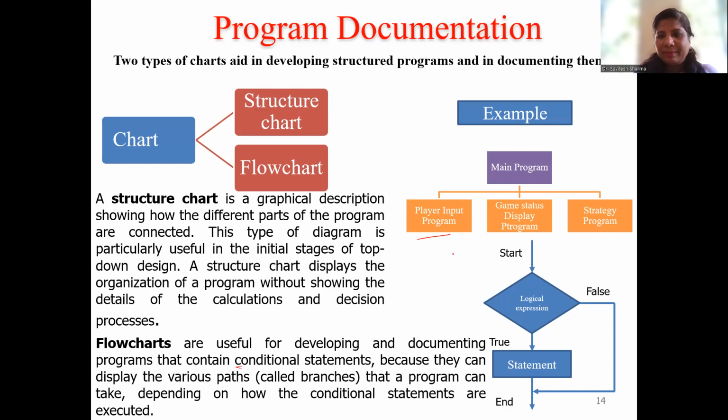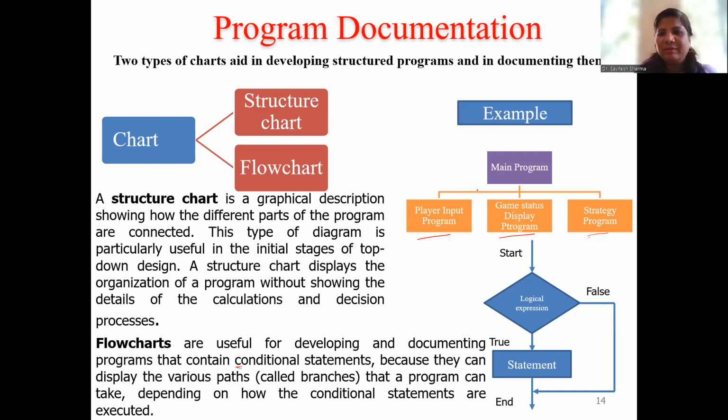Another is the game status display subprogram. What is the game status? What is the score? What is the highest score achieved? All these details will be taken care of by the game status display program. The third is the strategy program, in which whatever rules the programmer wants to add, that strategy program will take care of.